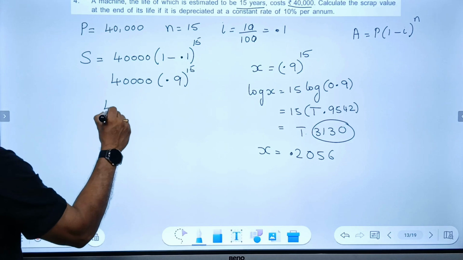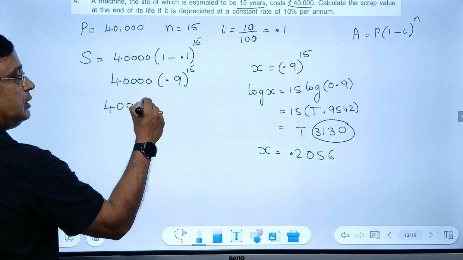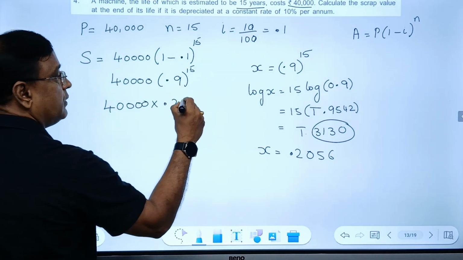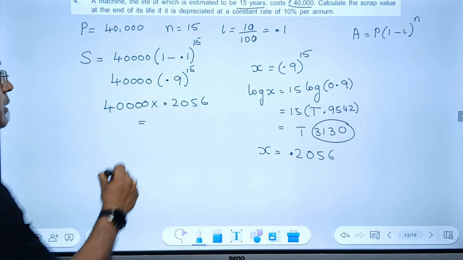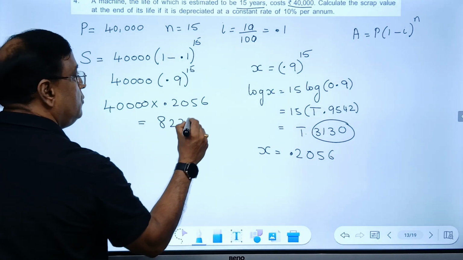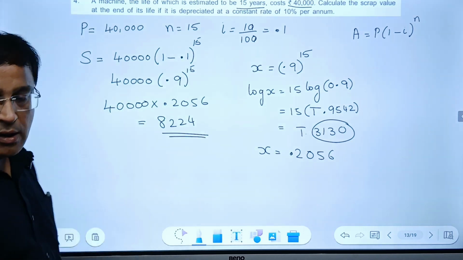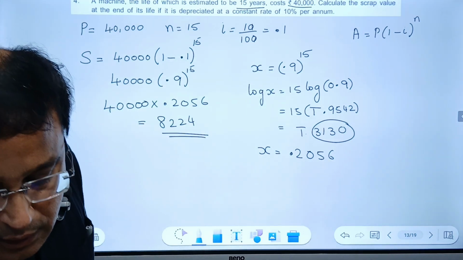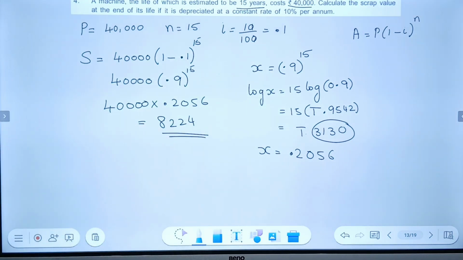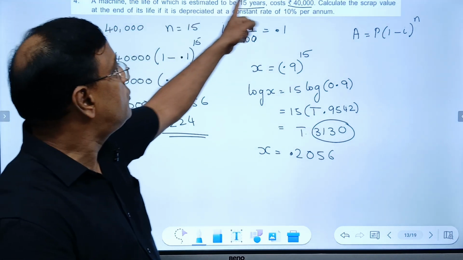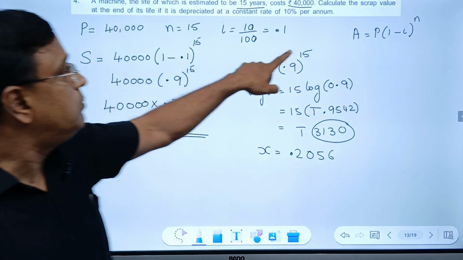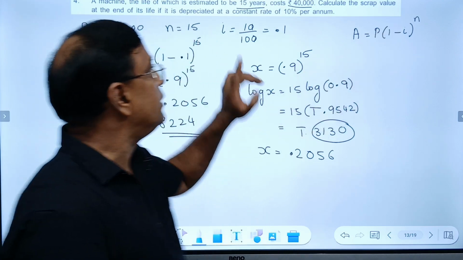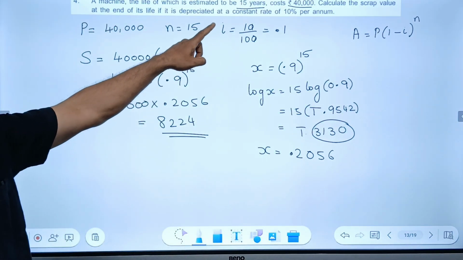So it will be 40,000 into 0.2056, which happens to be 822. I hope it's clear. Simple, isn't it? So I'm using the formula amount equal to principal into 1 minus i power n. Here the percentage of depreciation is given to you.